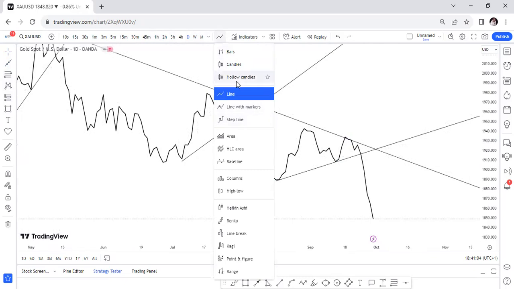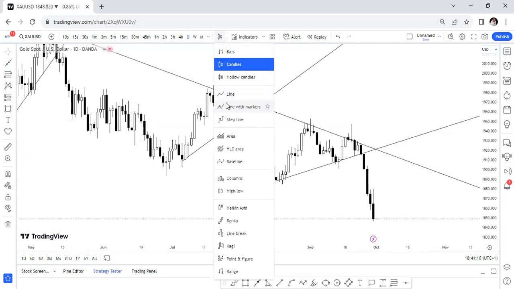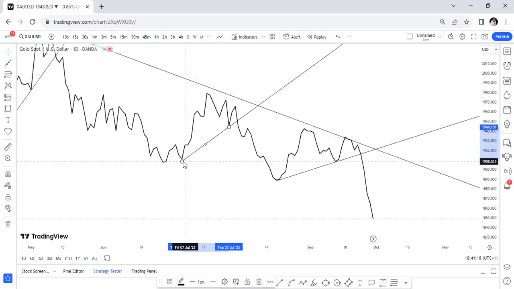Then about the distance, if you look very well, you will see that they have the same range, the distance between the first, second and third are the same.